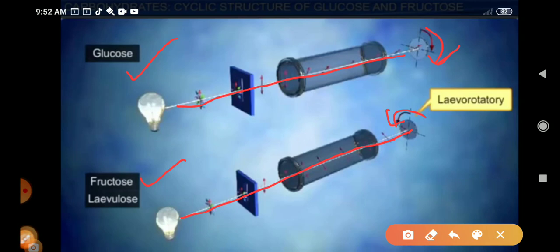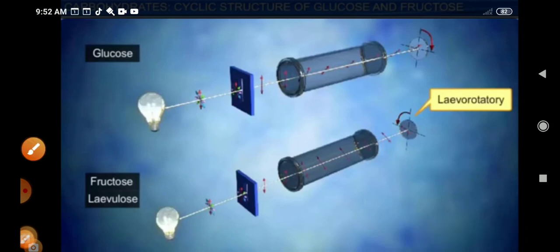Such nature is called levorotatory. So once again, regarding optical nature, there are two cases here. If it rotates the plane of polarized light in a clockwise direction, then it is called dextrarotatory, and if it rotates it in an anti-clockwise direction, that is levorotatory.